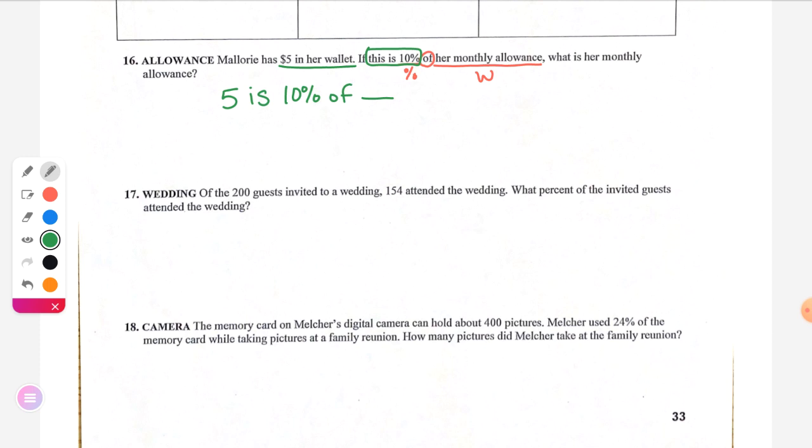Because it says $5 in her wallet is 10% of her monthly allowance, which we do not know. Okay, so if you can pick out your part, your whole, your percent, it's the exact same thing. How can I set this up using a proportion? Jalen? Sorry, this was my part.